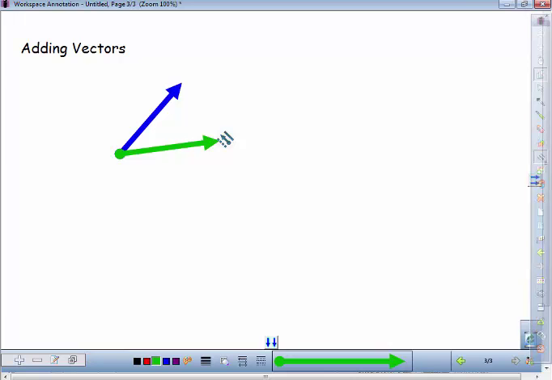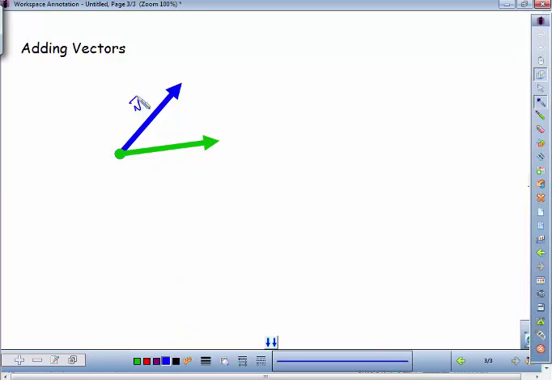If we have a first vector v, and then a second vector u, to make this addition, v plus u, geometrically we're starting with v and tacking on the vector u from its head.